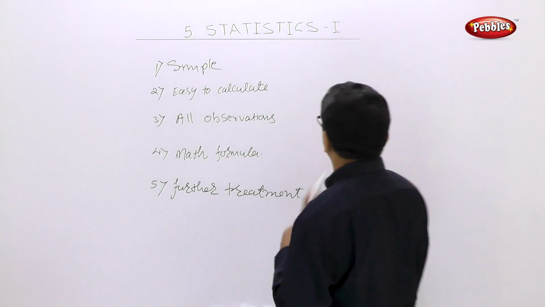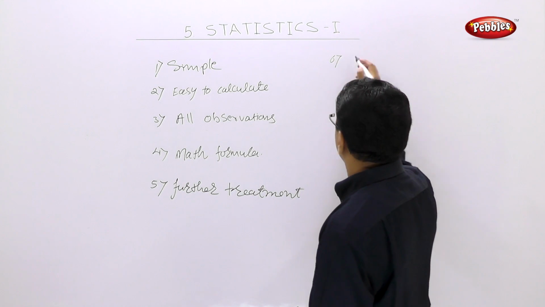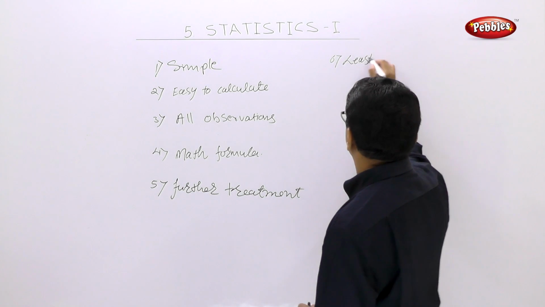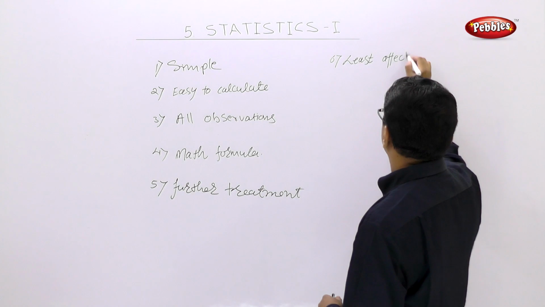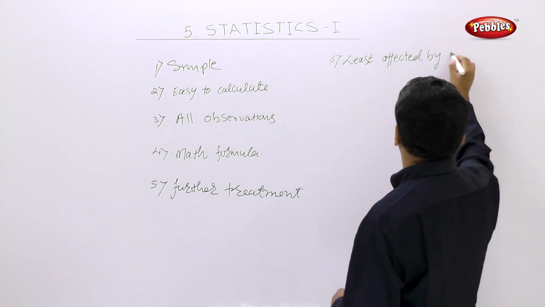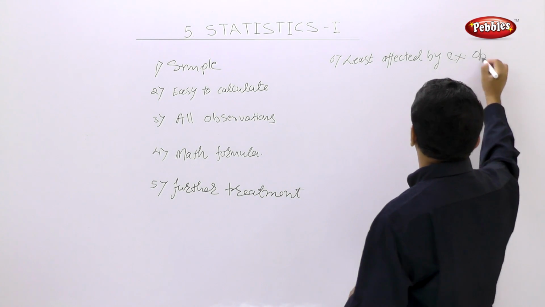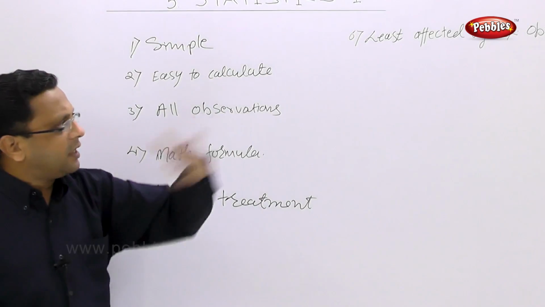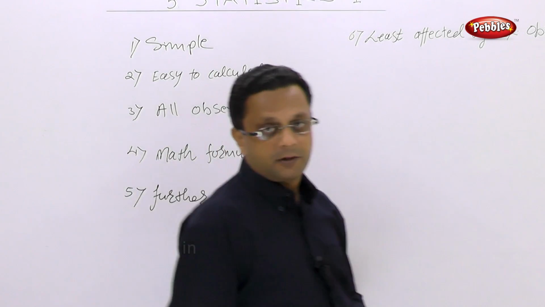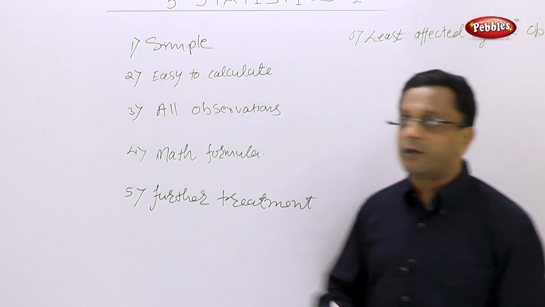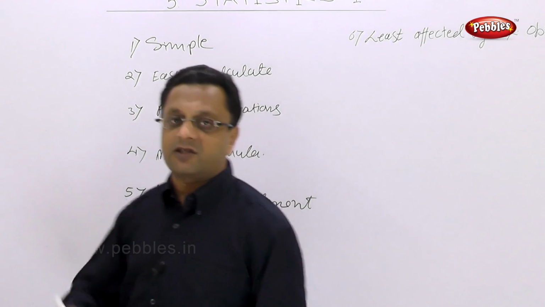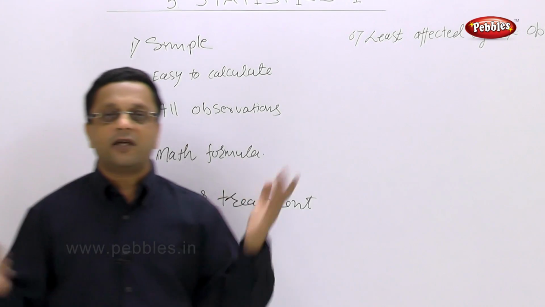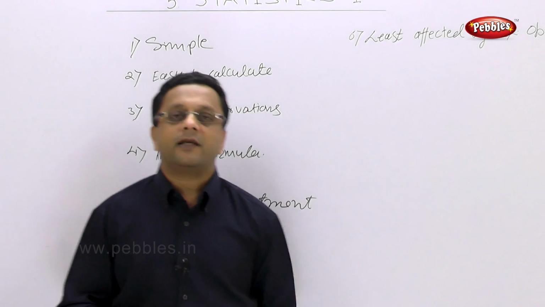It should be least affected by the extreme observations. Means if the difference between the maximum and minimum is vast, or the second last and last is vast, it should be least affected by that.